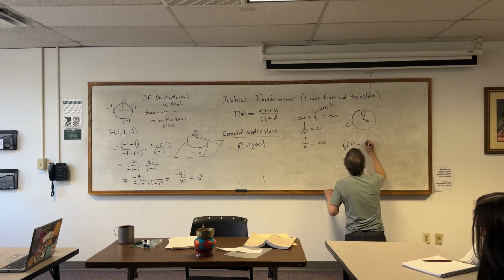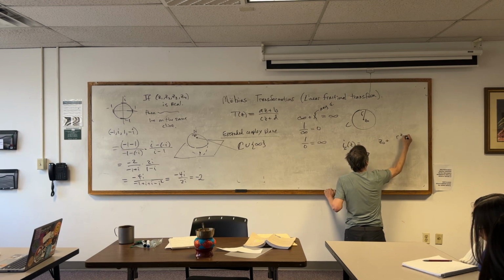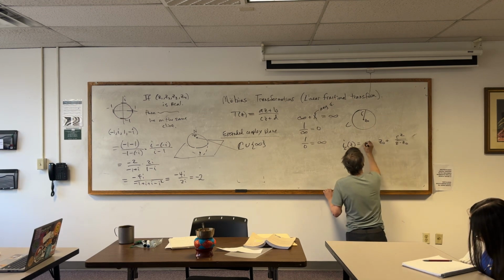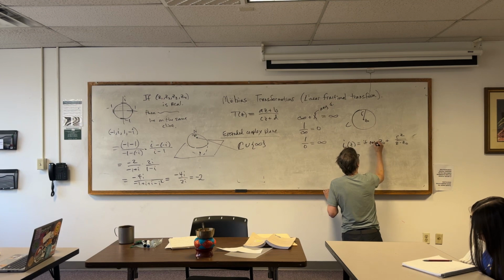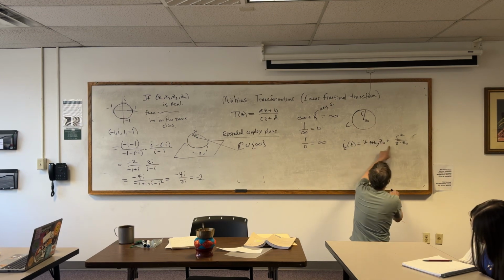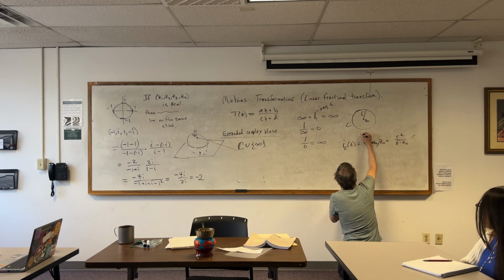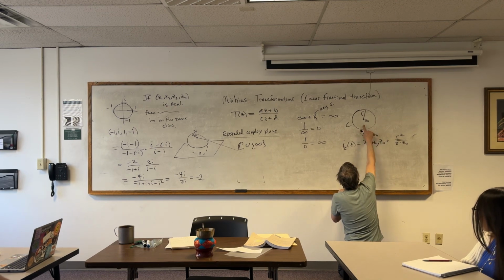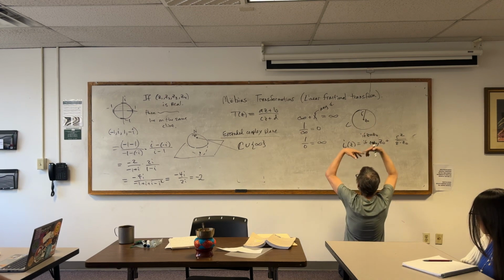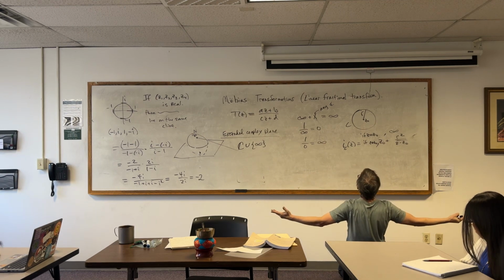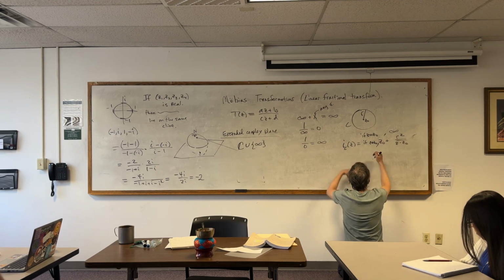Remember how it was basically Z naught plus R squared over Z minus Z naught conjugate. That's if Z is not equal to Z naught. So if you're not at the center, then this is the inversion. If you are at the center, how do you invert the center? Well, the center turns into infinity. And what if you're at infinity and you're inverting? It becomes the center.